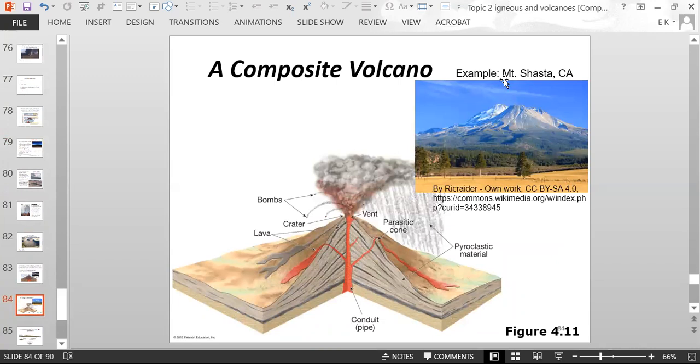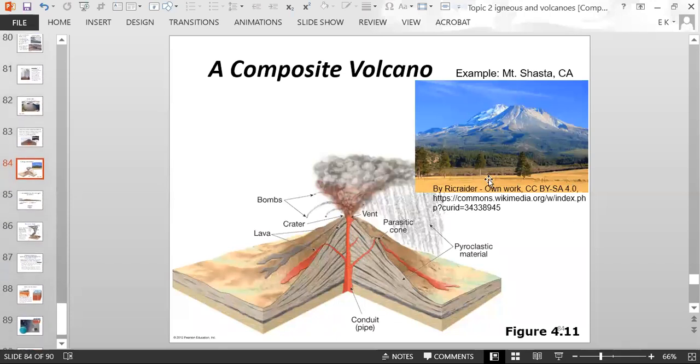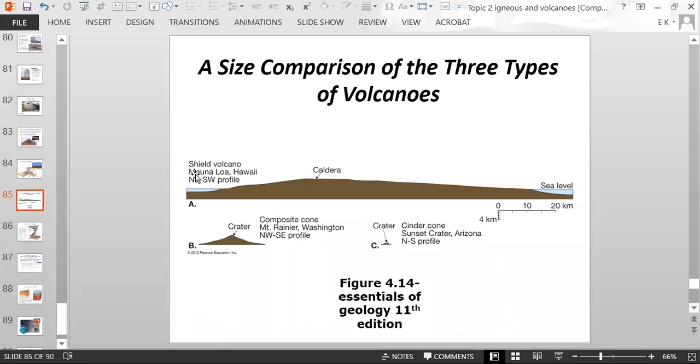This is Mount Shasta in California. That was another example of a stratovolcano. This is a size comparison of the 3 types of volcanoes. So a shield volcano is the top picture, very, very long and wide, extensive volcano.